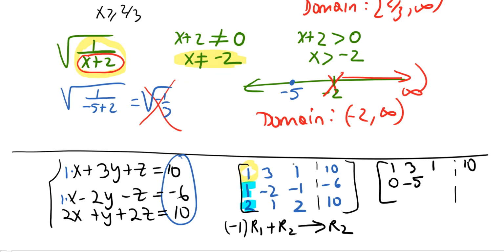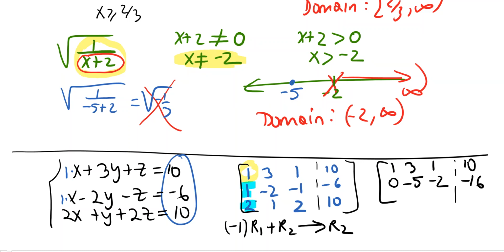Now negative 1 times this is negative 1 plus row 2, so negative 1 plus negative 1 is negative 2. And then you do it to the column as well. So negative 1 times 10 is negative 10 plus negative 6, negative 16.